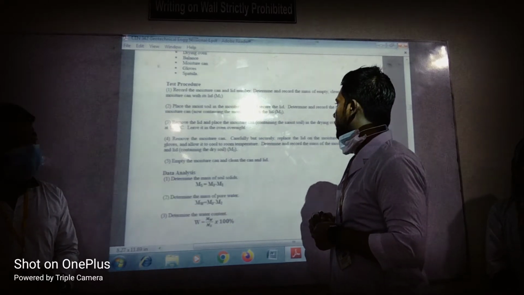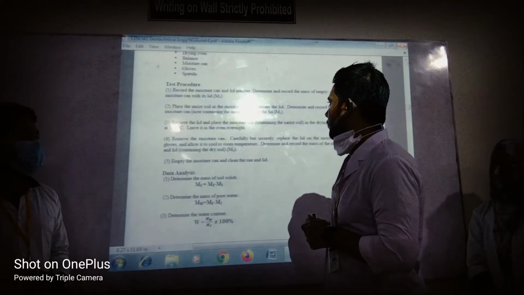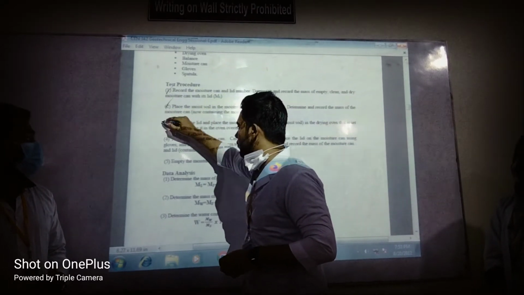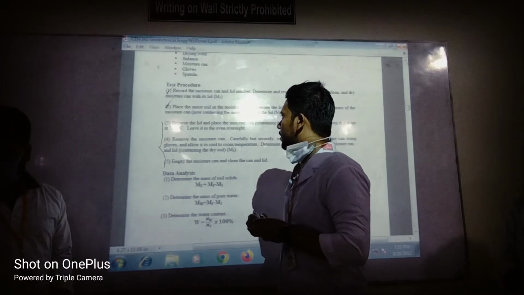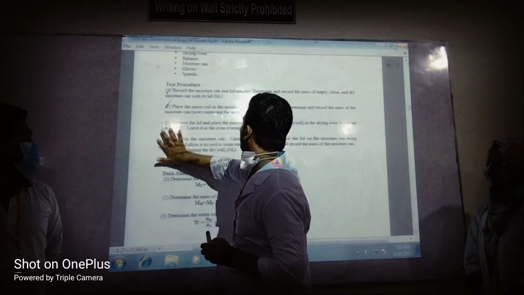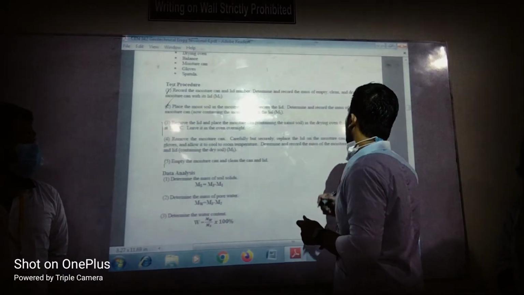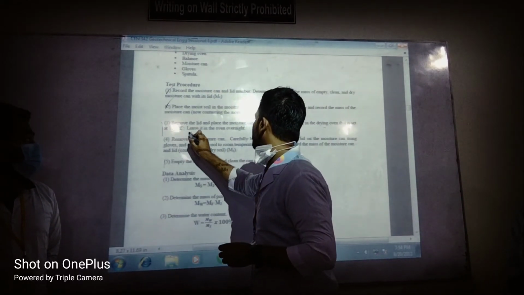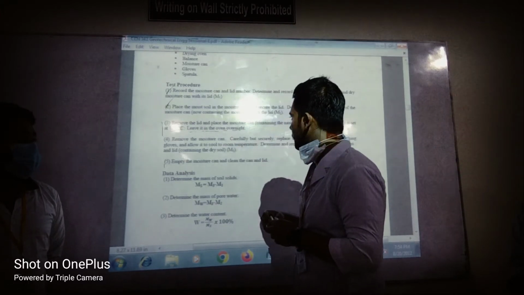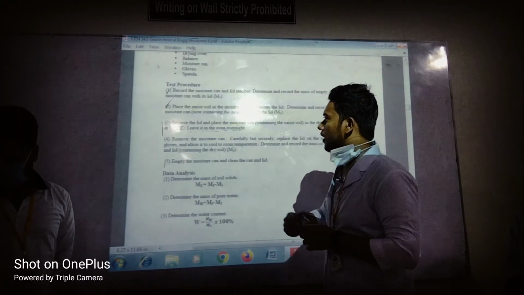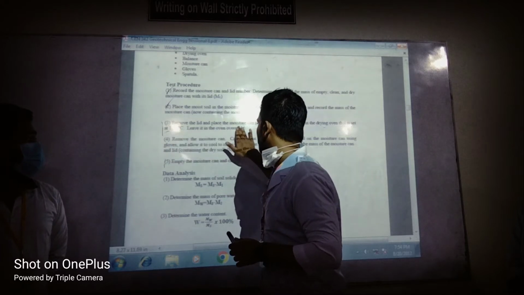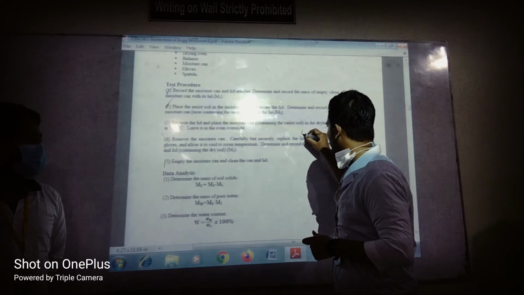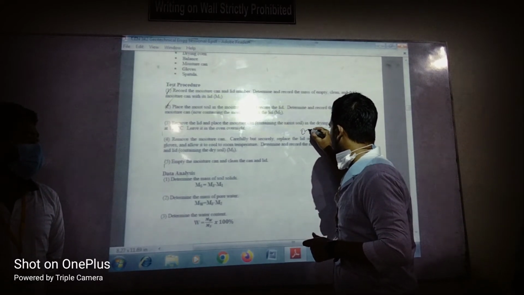So, my friend Shaukat already described tests 1 and 2, and I will describe the others. The third test is to remove the lid and place the moisture can in the drying oven set at 105 degrees Celsius, and leave it overnight. Overnight means we can put it there the whole night. The purpose is to remove the water absorbed in our soil sample.